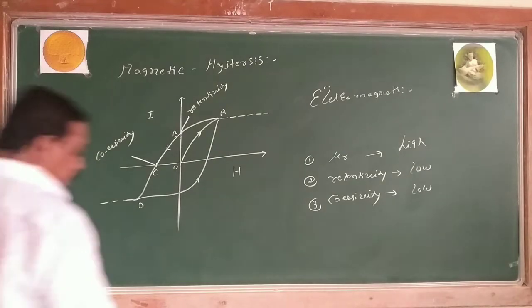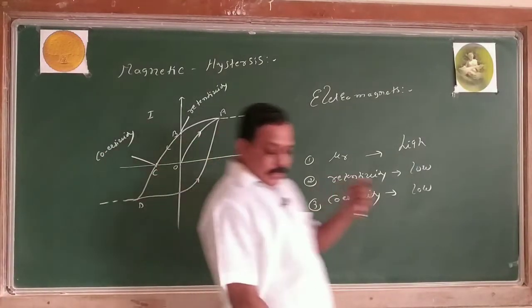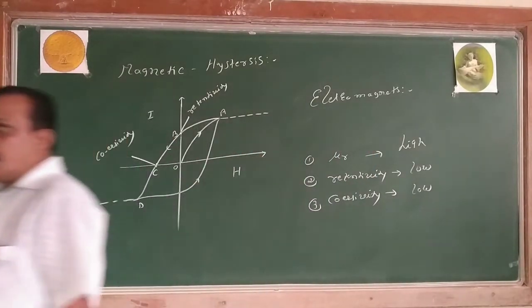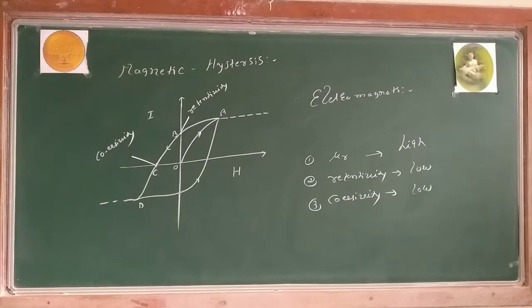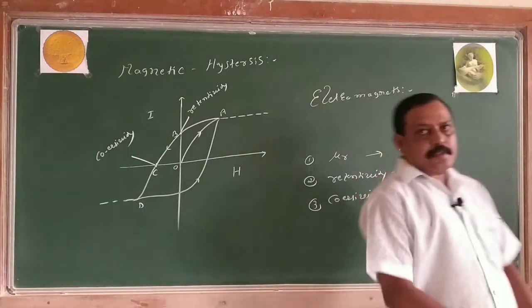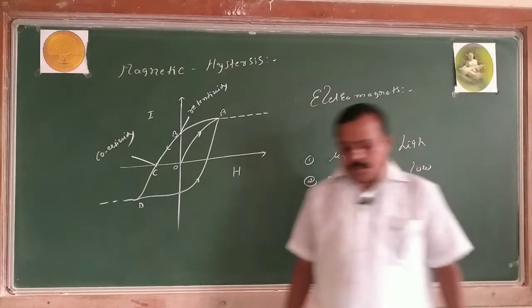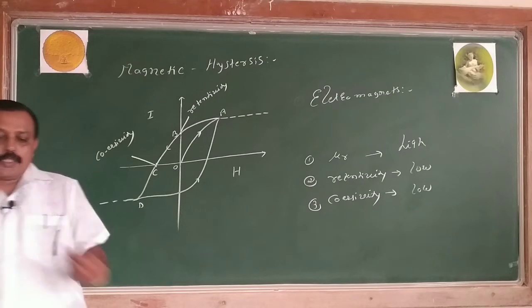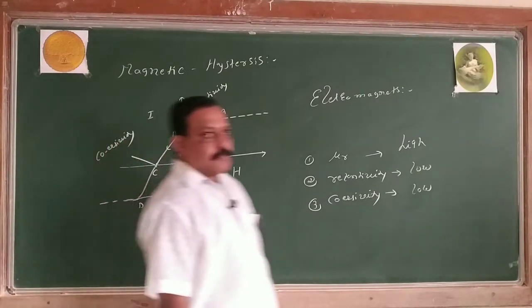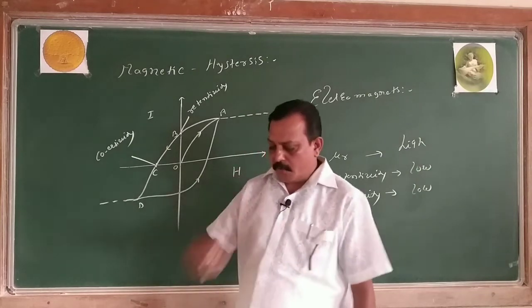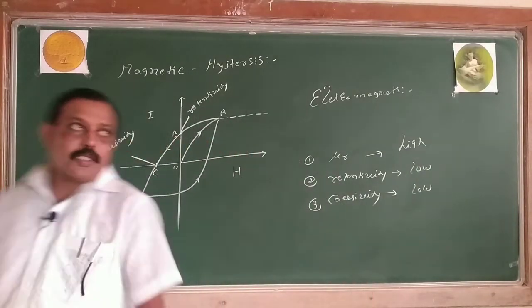What is the permanent magnet? The materials which retain the magnetic property for a long period, even at room temperature, are called permanent magnets. The materials which retain the magnetic property only as long as current flows through them, and do not act as a magnet when the current is stopped, become what? Electromagnets.